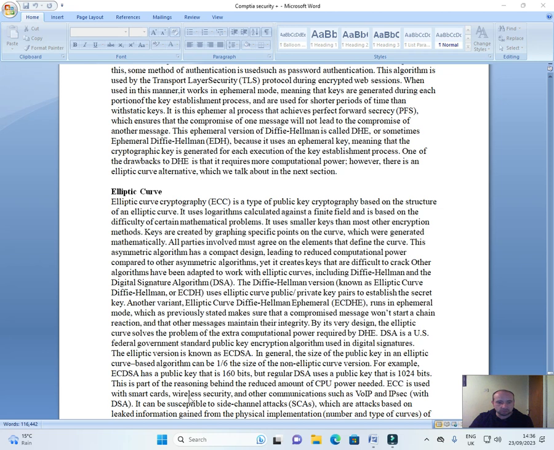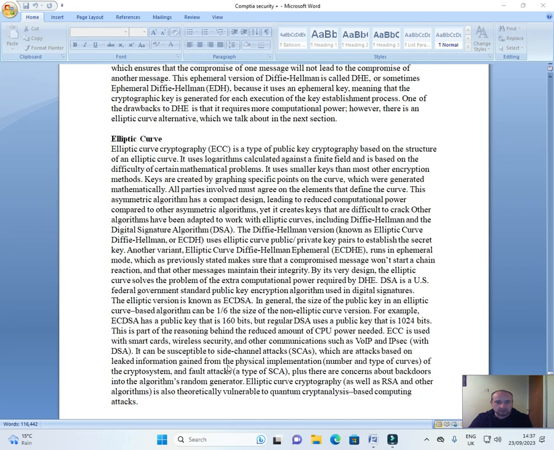ECC is used with smart cards, wireless security and other communications such as VoIP and IPsec. With DSA, it can be susceptible to side channel attacks, SCAs, which are attacks based on leaked information gained from the physical implementation, number and types of curves of the crypto system, and fault attacks, a type of SCA.